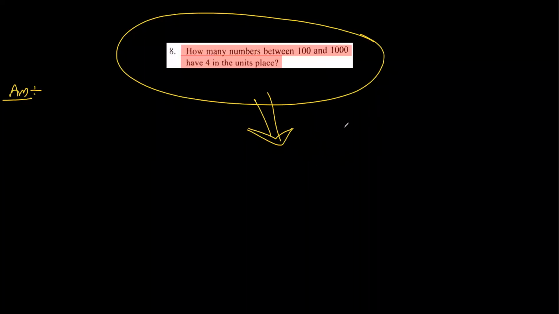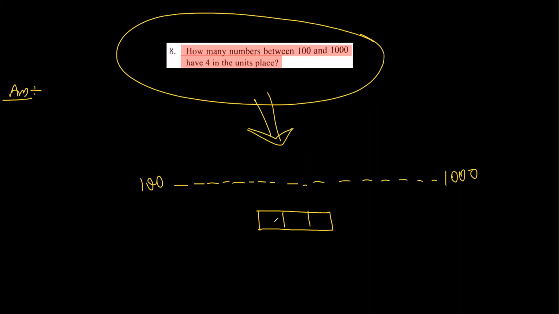Before that, just tell me, between 100 and 1000, the numbers you have, try to understand the question. Between 100 and 1000, what kind of numbers are those? They are 3-digit numbers.